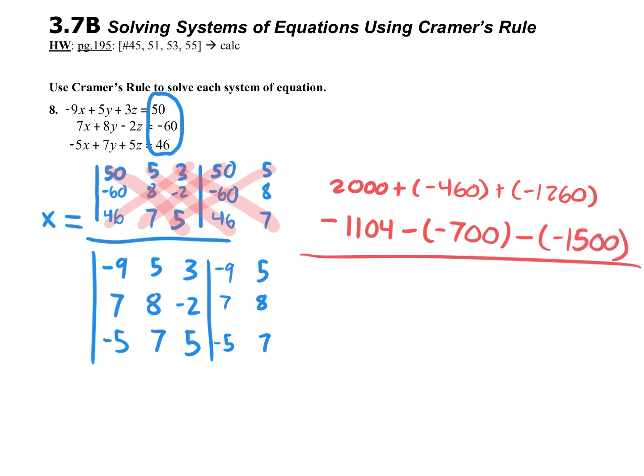All right, so whatever that equals gets divided by, and now we have to do the same thing on the bottom. These will have slightly nicer numbers. All right, negative 9 times 8 times 5 is negative 360.